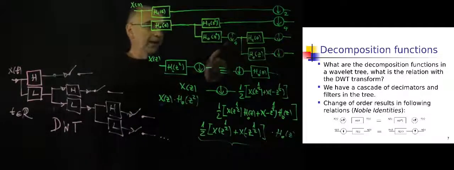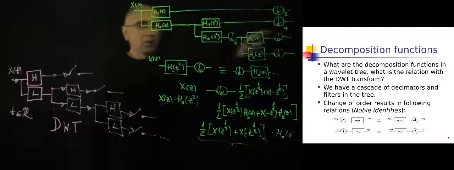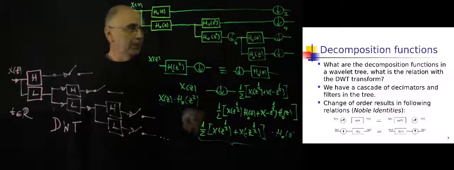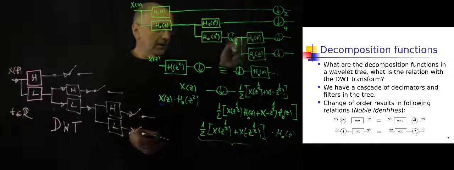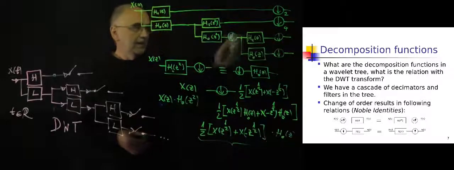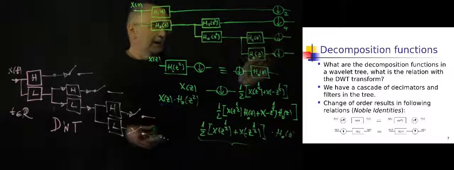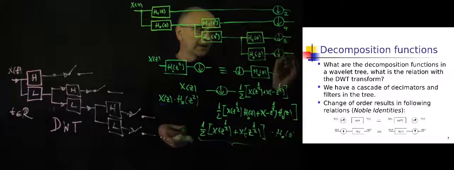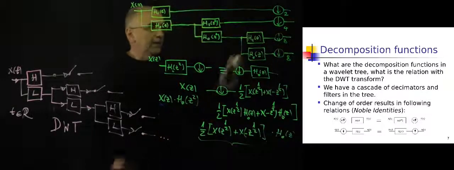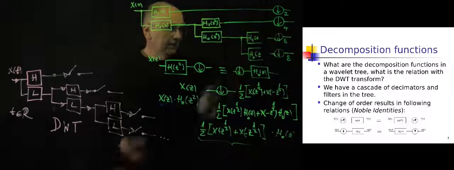Now I have a plan to move this decimator through the linear system onto its output side. So what is going to be the consequence? I'm going to move it. This time I'm going to put it right here. So 4 and 2, it is decimation by 8. But something happens right in here and right in here.